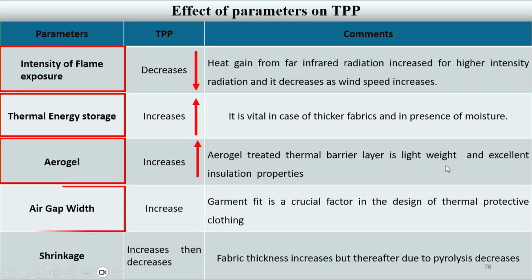Air gap width: if we increase the air gap width, TPP rating will increase, which we have already discussed. And shrinkage: it initially increases and then decreases. The fabric's thickness increases, thereafter due to pyrolysis it decreases.